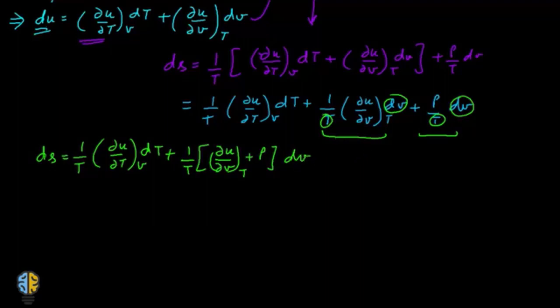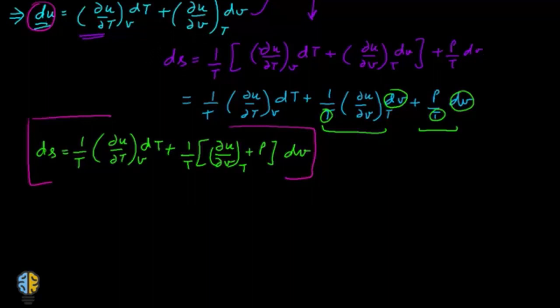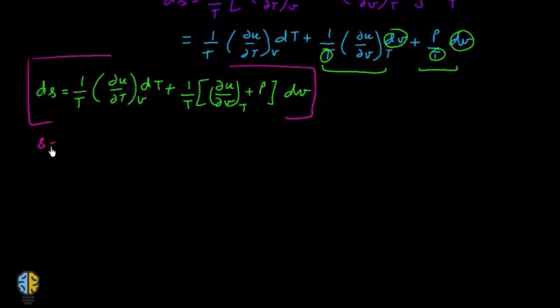So this is the equation that we get after putting in the value for internal energy as a function of temperature and volume. Also, specific entropy is a function of T and V. So I can say that S is also a function of temperature and volume.